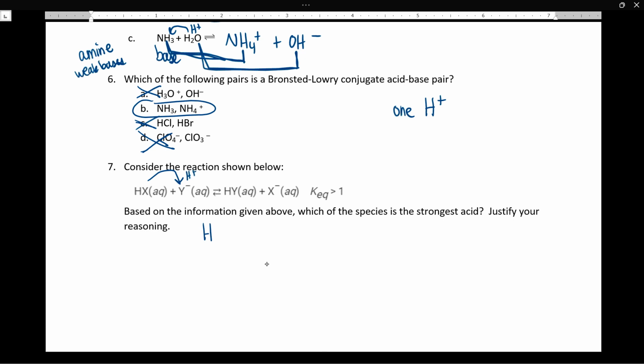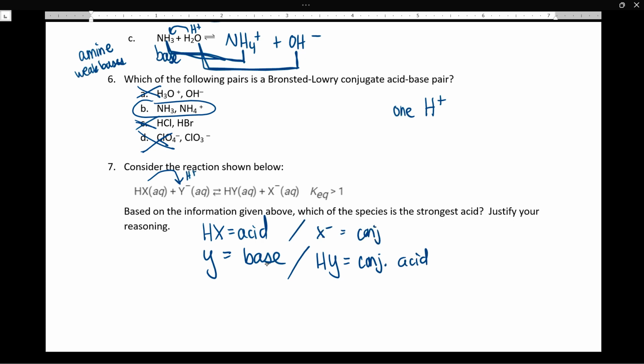So it looks like HX is the acid and Y minus is the base. Therefore, we can identify the conjugates. So HY is the conjugate acid, and then X minus is the conjugate base. So I've got two conjugate acid-base pairs. Let me separate those out.